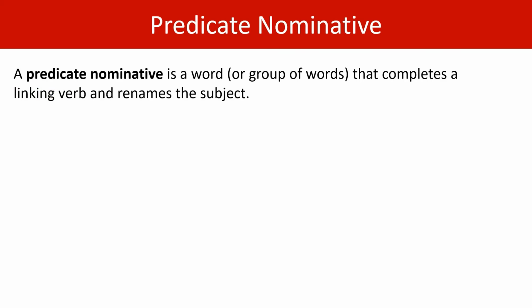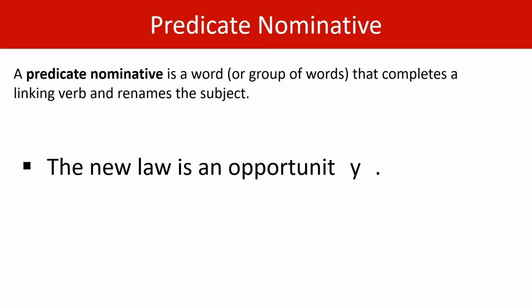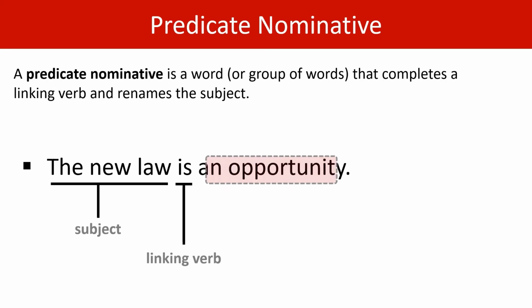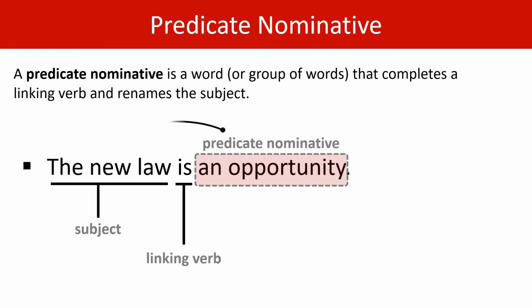Here is another example. The new law is an opportunity. So the new law is the subject. This is our linking verb. And an opportunity is our predicate nominative. And it completes the linking verb to rename the subject. We can now also say that it's a subject complement.